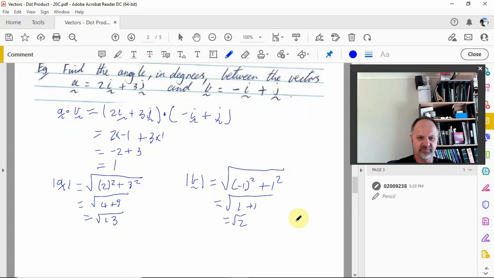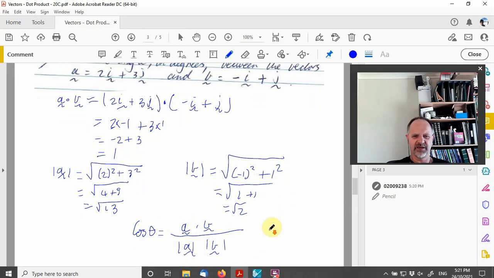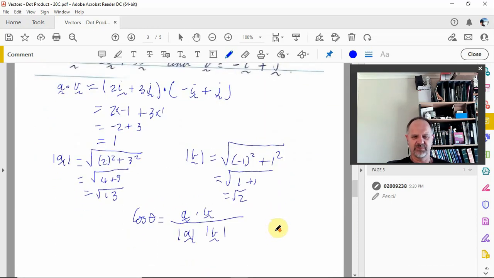What have we got? Well, we know that the cos of our angle is A dot B over the magnitude of A times the magnitude of B. And so we've got that information.